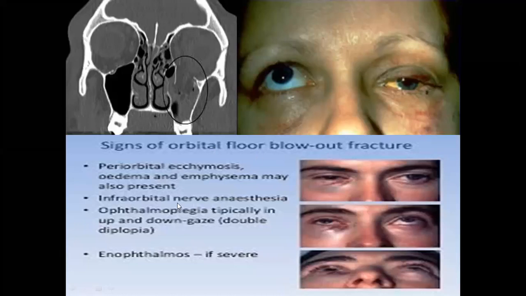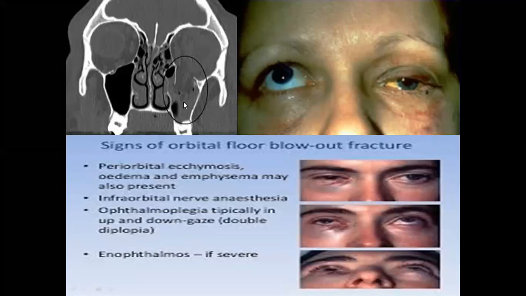Infraorbital nerve, because in this fracture the orbit and the fatty tissue around the orbit, through this broken infraorbital margin, enter into the maxillary sinus. So here the sinus is filled with air, but due to the damage of the infraorbital margin, the orbital fat and the orbit sink down into the maxillary sinus.